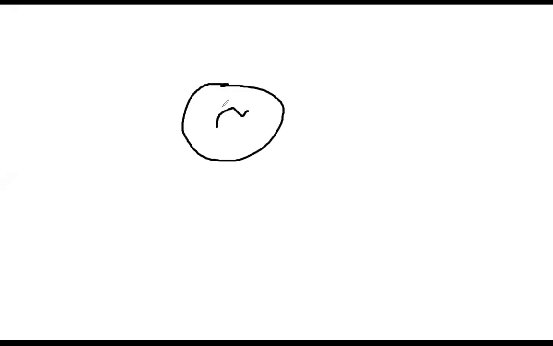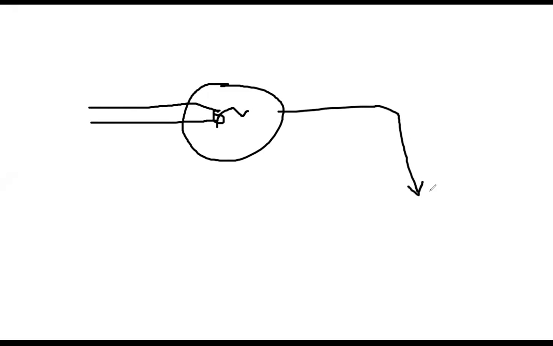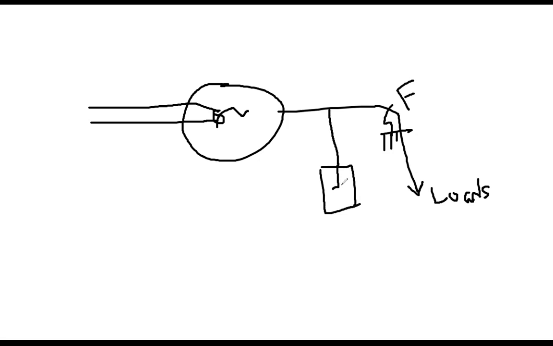This is your generator, and this is your shaft system. Then here are the loads connected. Just a simple schematic. For example, here the fault happened somewhere. That is the fault point F. And then your braking resistor is here. I'm briefly drawing.